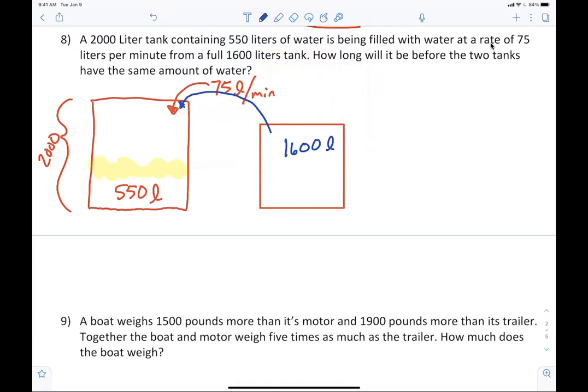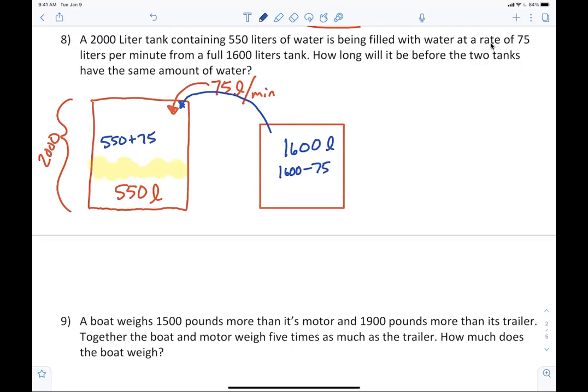So listen to me now. After 1 minute, how much water is going to be in the tank on the left? Right, you're supposed to say 550 plus 75. Then how much is going to be in the tank on the right? 1,600 minus 75. Does everybody agree with that?